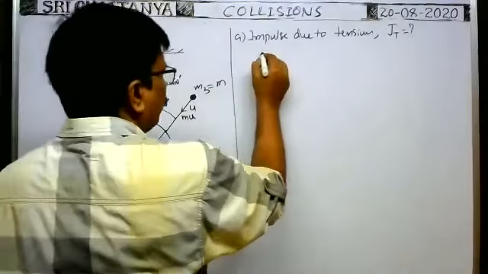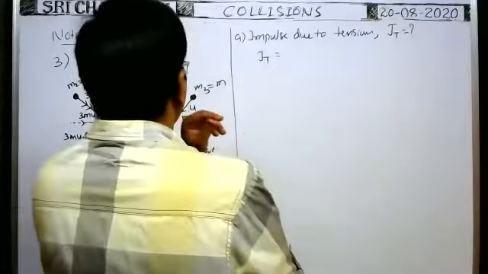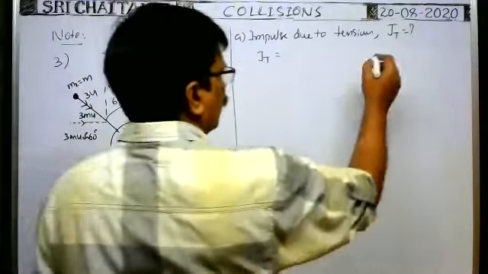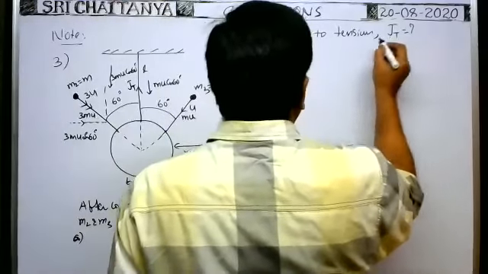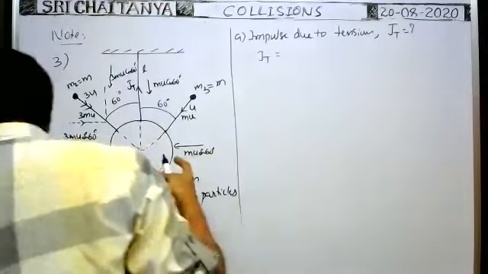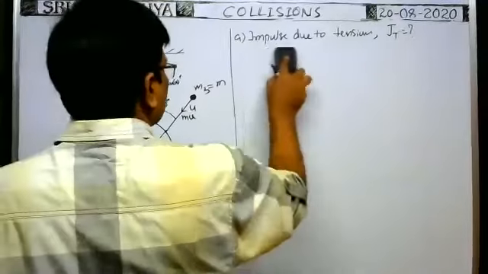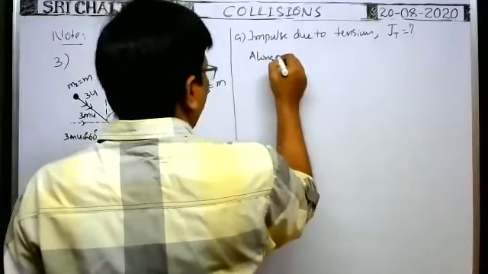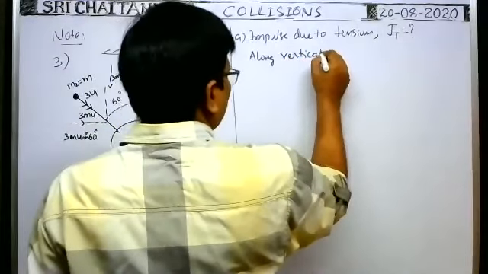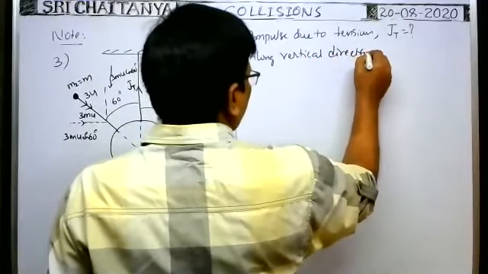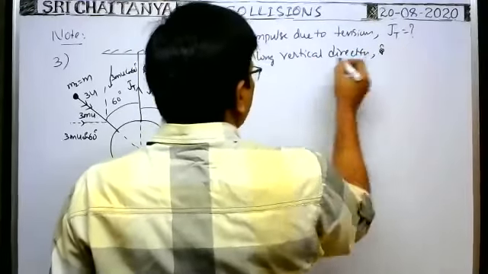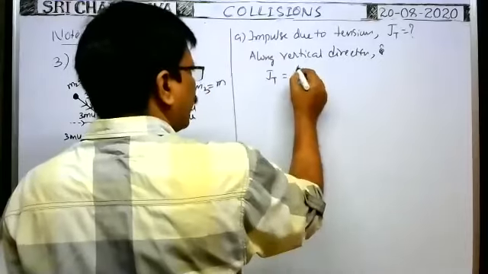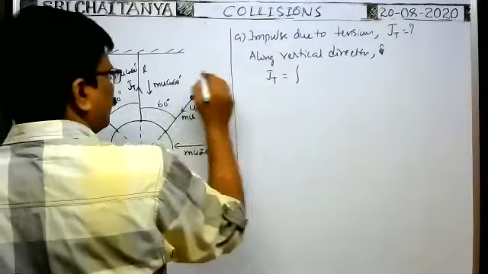Okay. Therefore, impulse due to tension, Jt, is equal to final momentum. Impulse due to tension means along vertical direction. Impulse due to tension, J suffix T, we can write as tension in the string, suppose T, then T into dt.